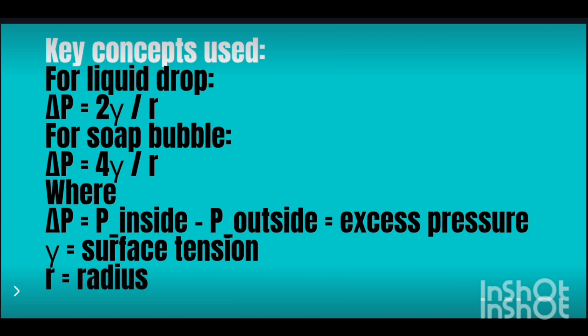The difference is called excess pressure delta P, gamma is the surface tension and R is the radius. Here they have asked about a liquid drop, so delta P is equal to 2 into gamma divided by R. This formula we are going to use. The soap bubble formula is not needed in this particular question, but remember this formula.